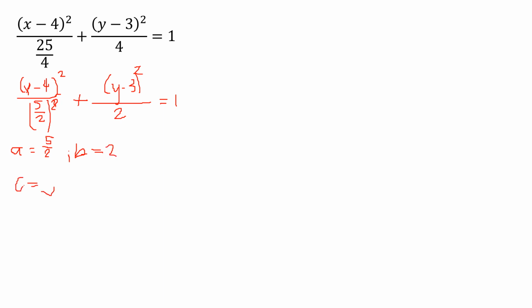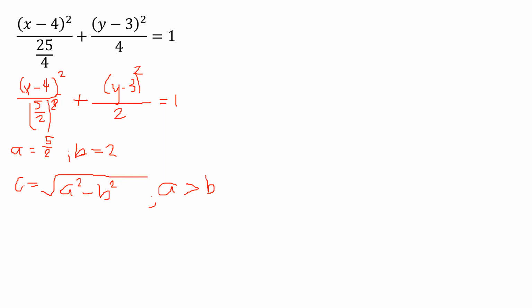c is the square root of a squared minus b squared, where a must be greater than b, because if b is greater than a, we will come up with a negative answer, and we cannot take the square root of a negative number because an imaginary number will be the result.